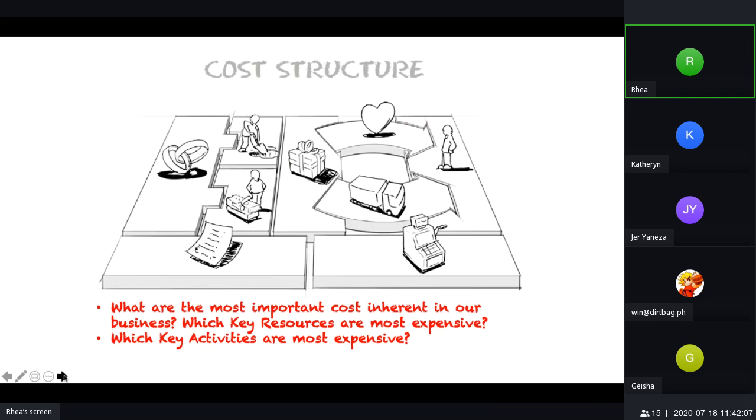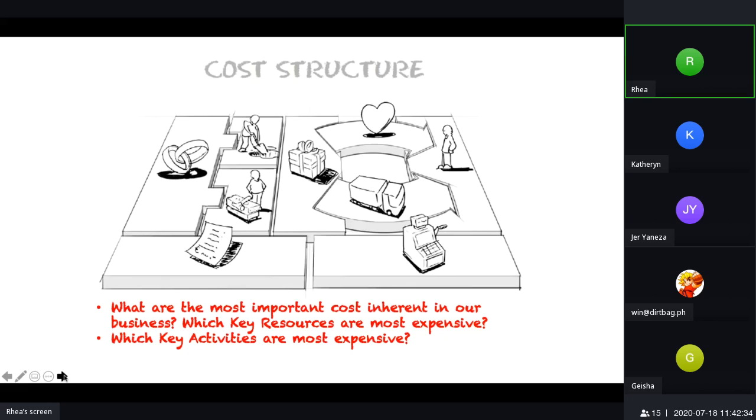And finally, the cost structure, because again, money might be coming in your business, but of course, there's also that great possibility that money will go out. As such, identify what are the important costs that are inherent to your business and what do you think are the key activities that are expensive so you can limit the money going out of your business.